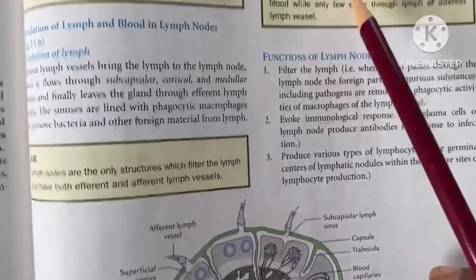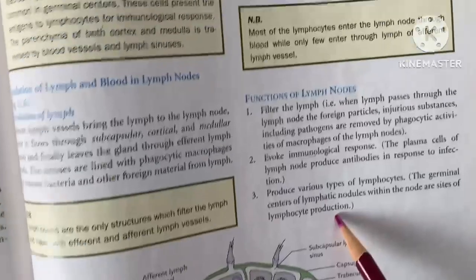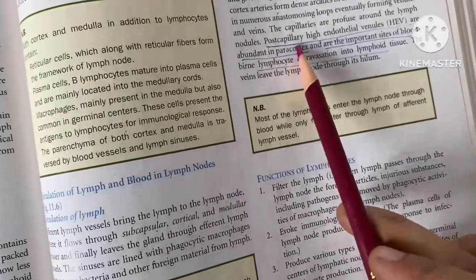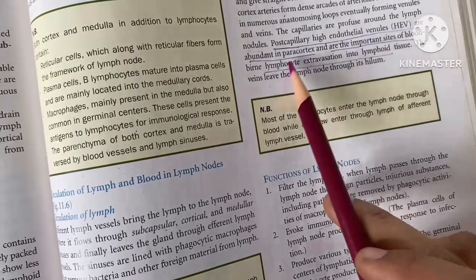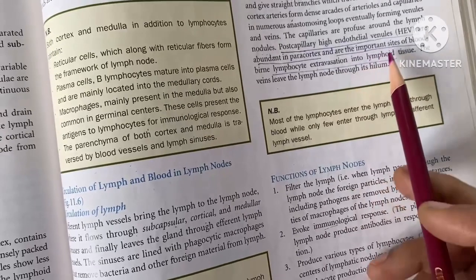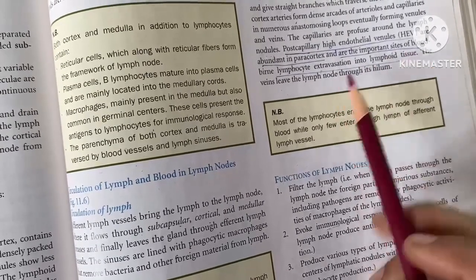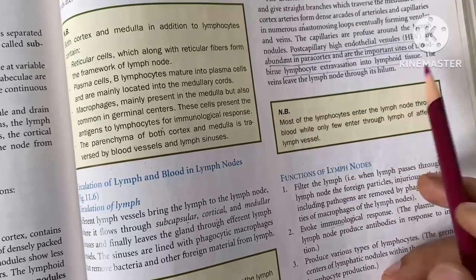So the post-capillary high endothelial venules lie in the paracortex, and are an important site for lymphocytes to enter the lymphoid tissue.